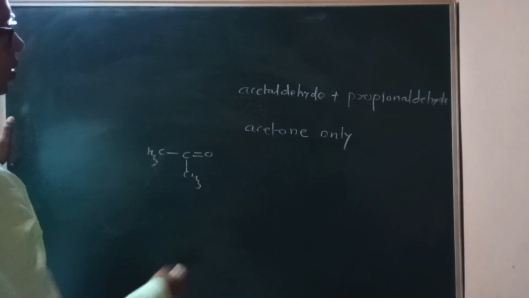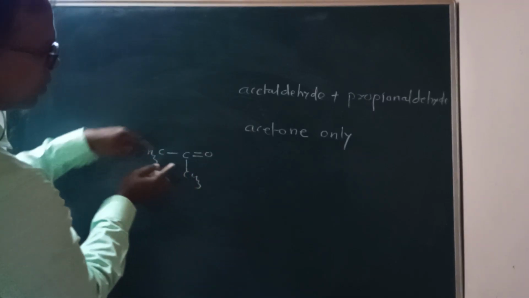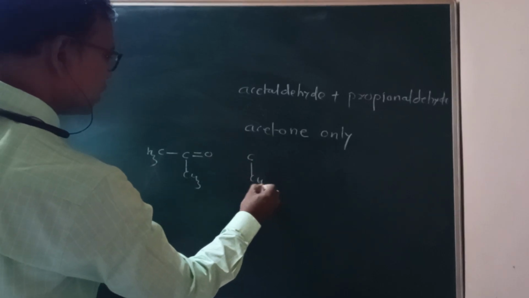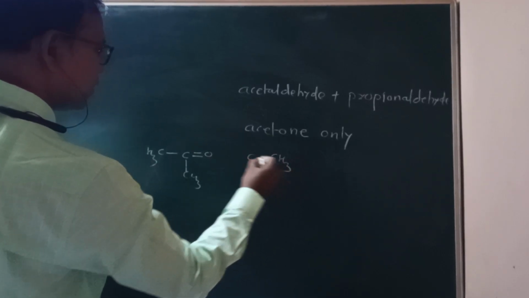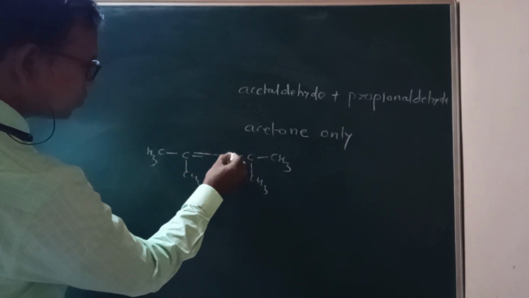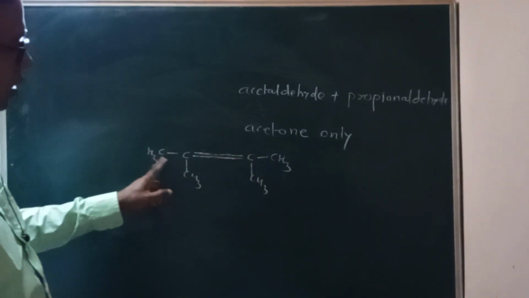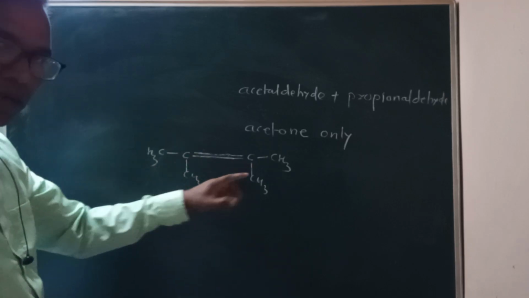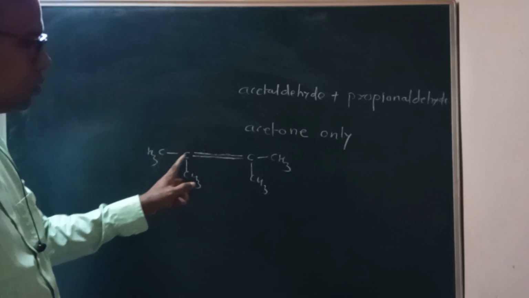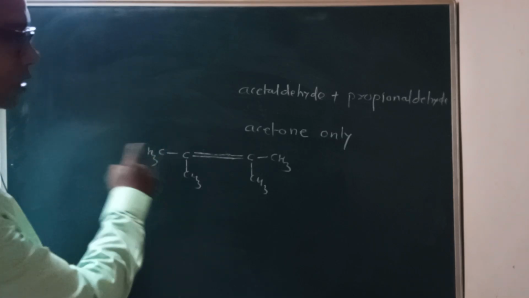Just put the carbonyl groups of the two molecules in front of each other. Similarly, one more acetone molecule: C, then CH3, then CH3, and then double bond O. Remove these two oxygens and extend these two bonds, so you get the structure of the alkene. So what is this? 1, 2, 3, 4, it's a butene. Then on the second and third carbon, two branches are present, so locants are 2 and 3. Prefix will be di, so 2,3-dimethylbutene. So this must be the alkene.